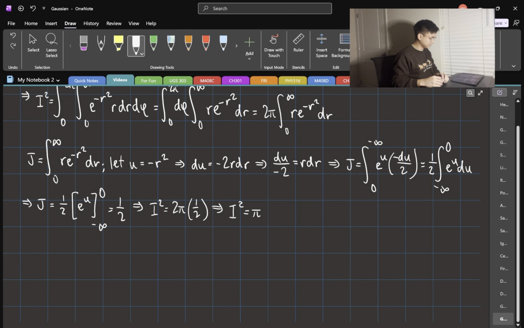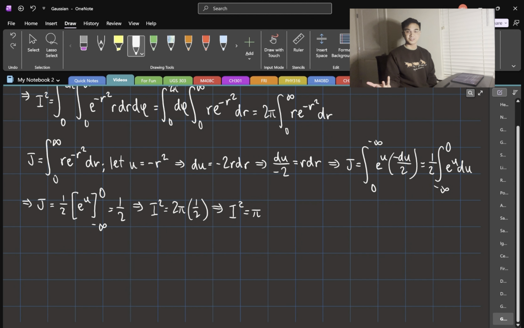Isn't that so cool? You do all that work and then it's like, oh my gosh, it's this very important constant. It's popping up everywhere, this thing related to circles for some reason is in this integral. So we're not done yet. We have one last step.